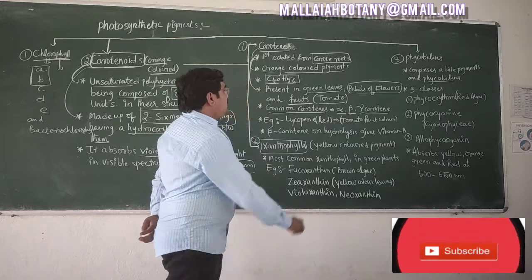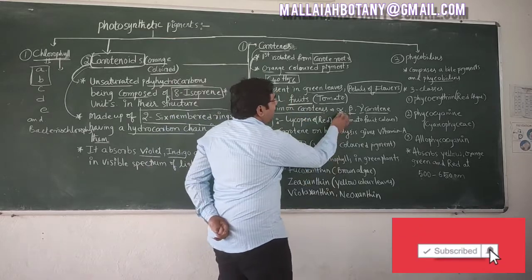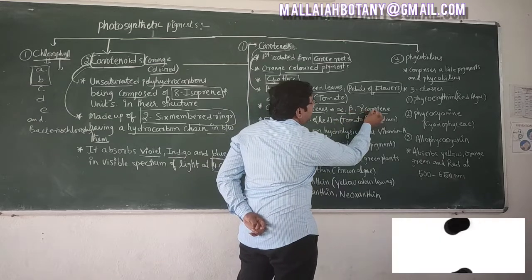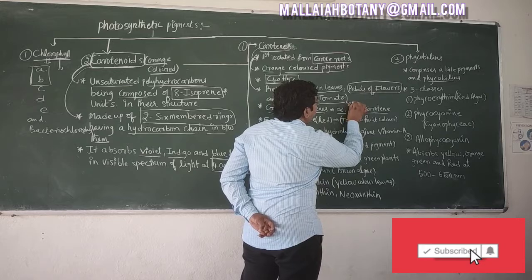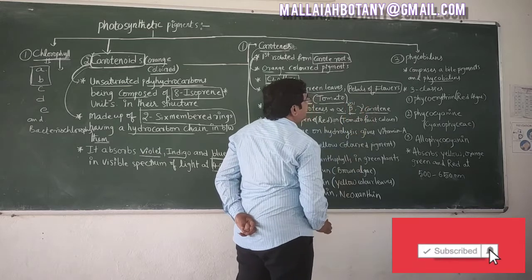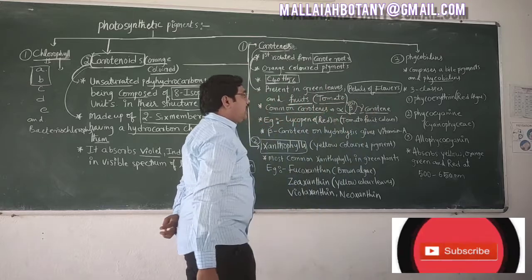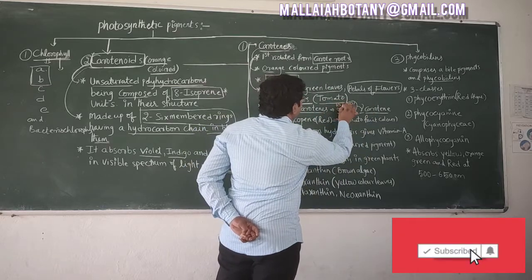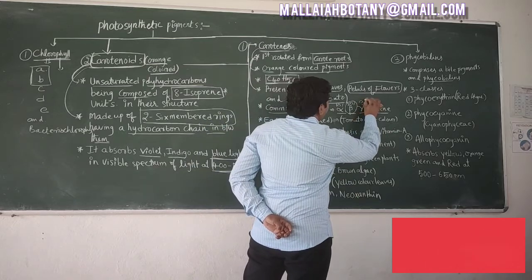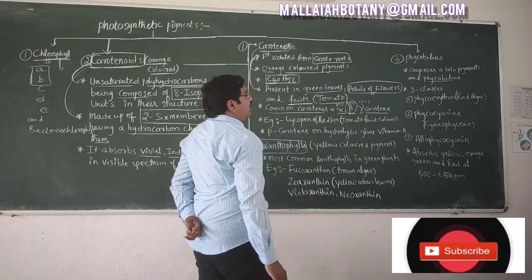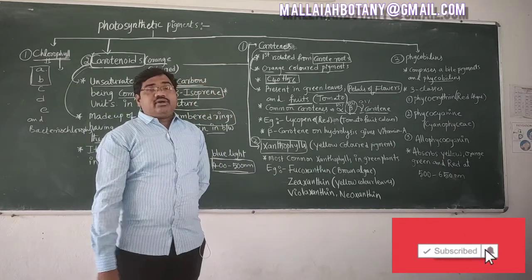Of these three carotenes, 80% of carrot root contains beta carotene, alpha carotene is 10% in carrot root, and 0.1% is present in the roots of carrot.